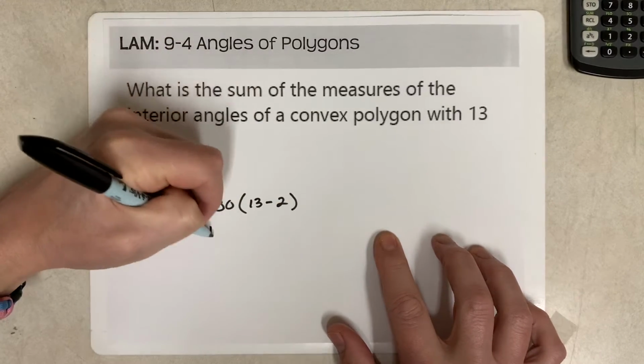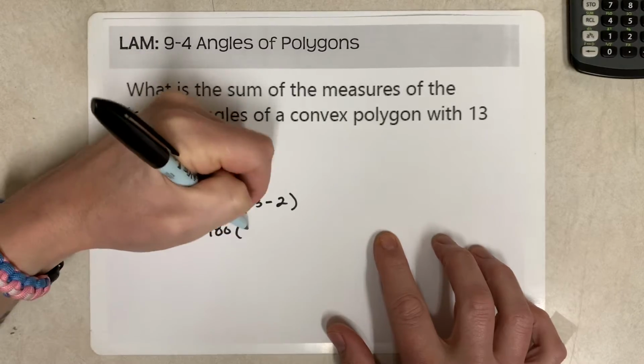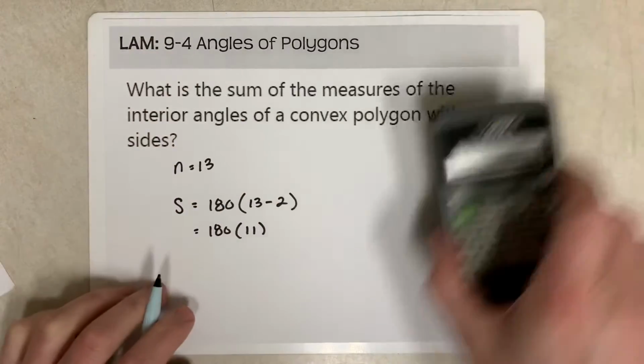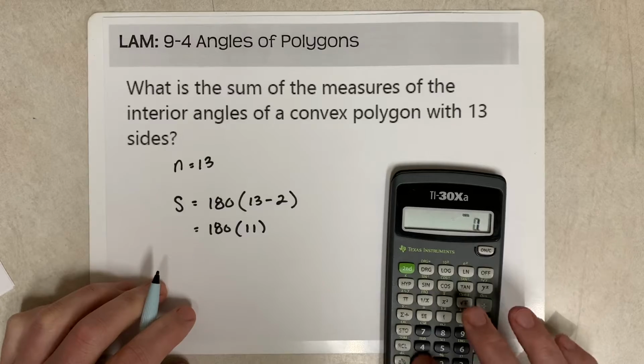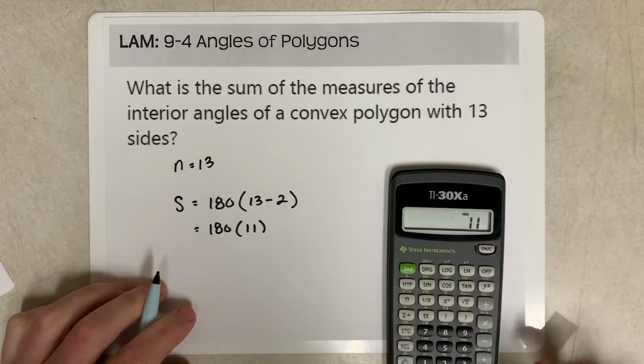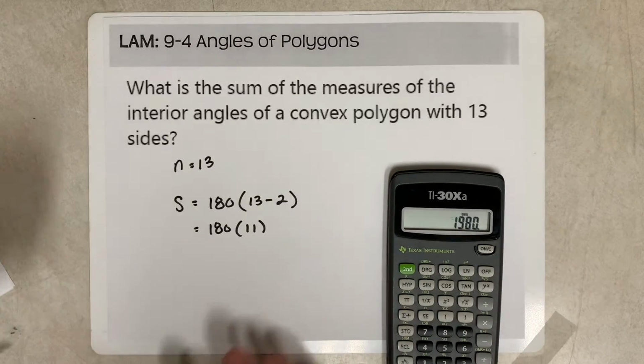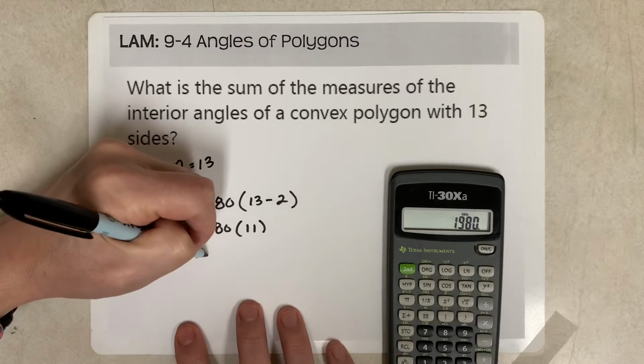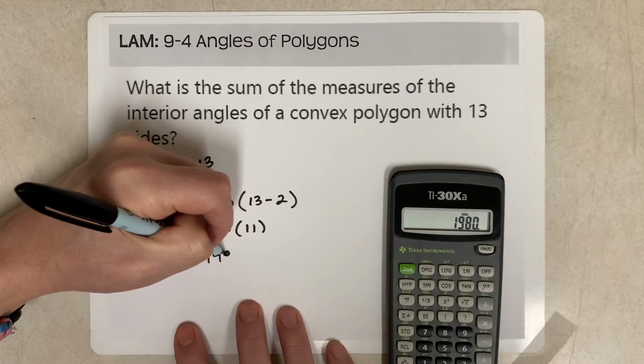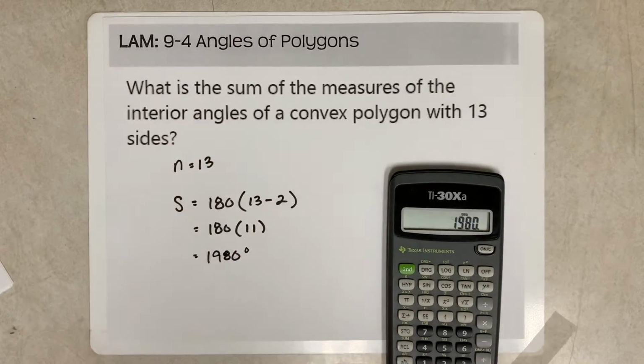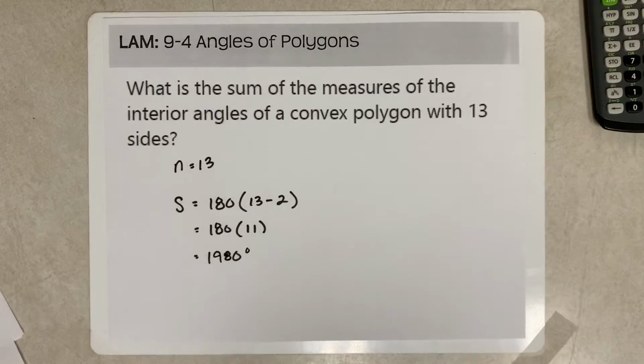That's going to be 180 times 11. If you put 180 times 11 in your calculator, you get 1,980 degrees. It's going to be a lot because there are a lot of angles.